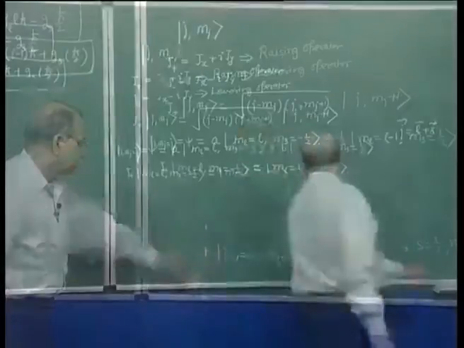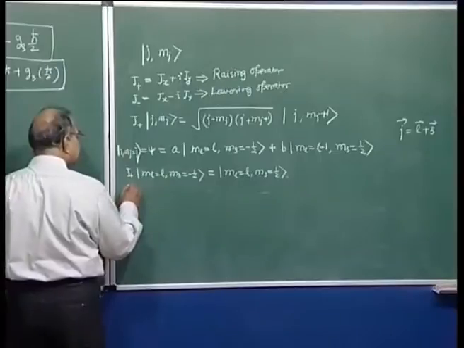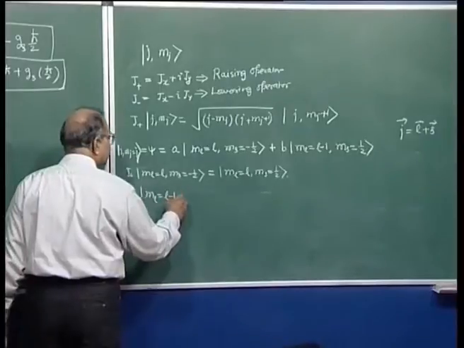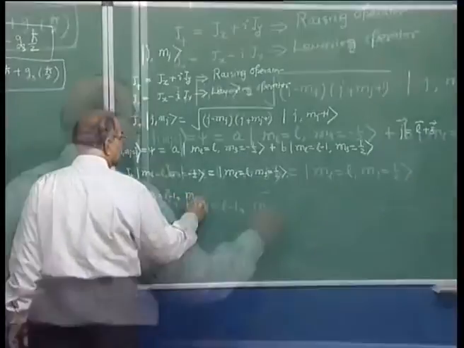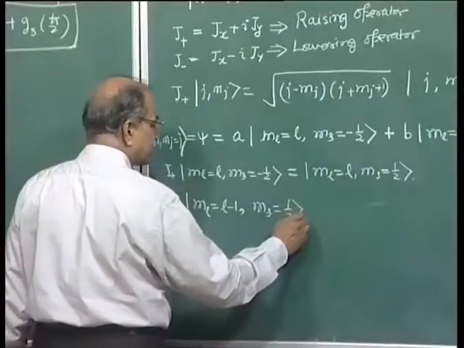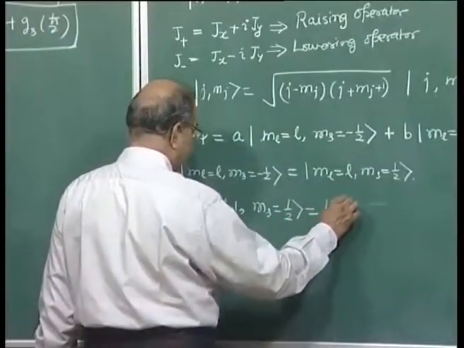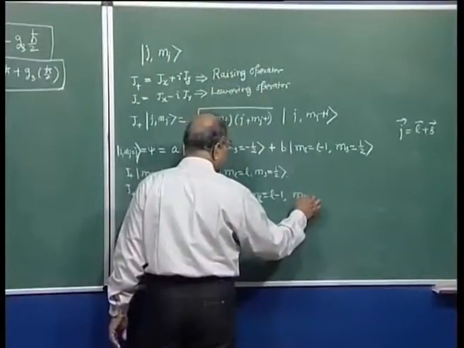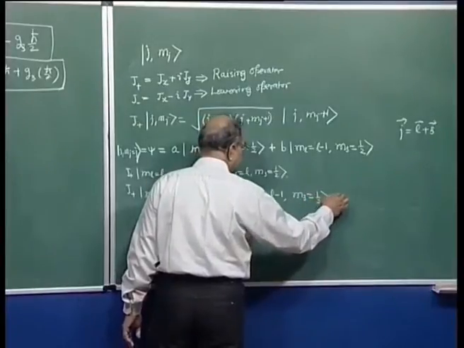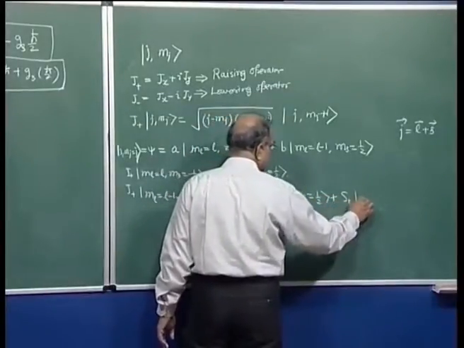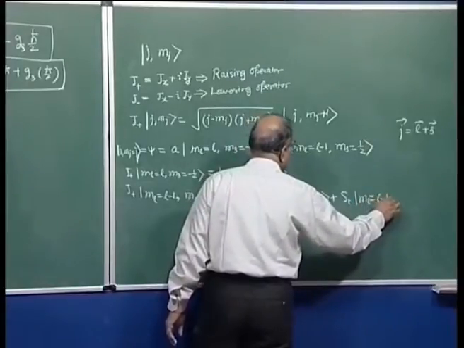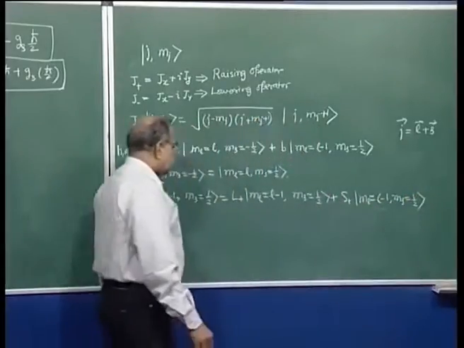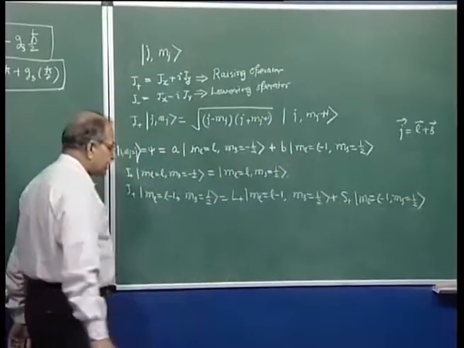Next, J plus operating on ML equal to L minus 1, MS equal to half. So, once again this is L plus operating on ML equal to L minus 1 and MS equal to half, plus S plus operating on ML equal to L minus 1 and MS equal to half, because J plus is L plus plus S plus.